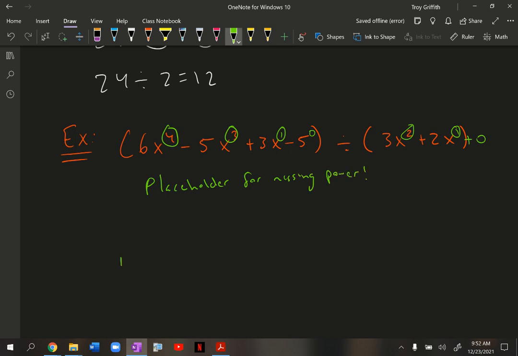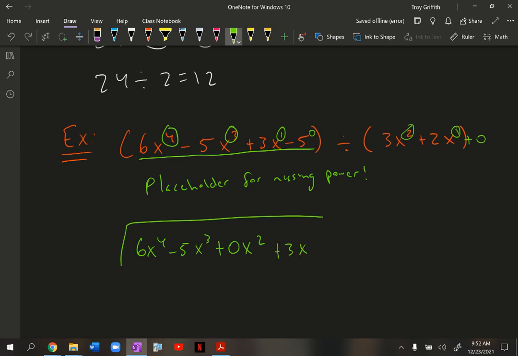Here's what I mean. When I set up what goes underneath the house, my dividend, we're going to put 6x to the fourth minus 5x cubed. I'm going to put a plus 0x squared because there is no x squared in here. And then I'm going to put a plus 3x and a minus 5.